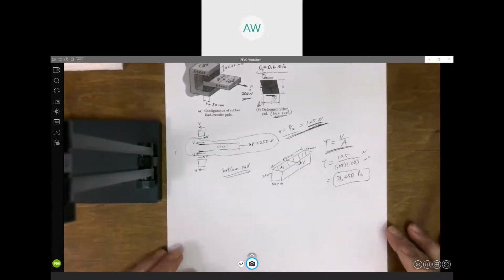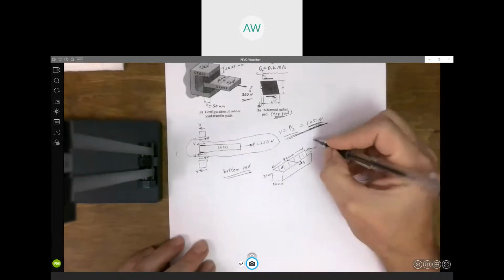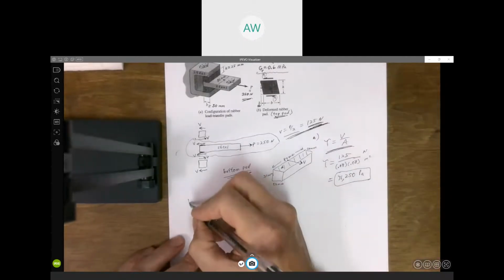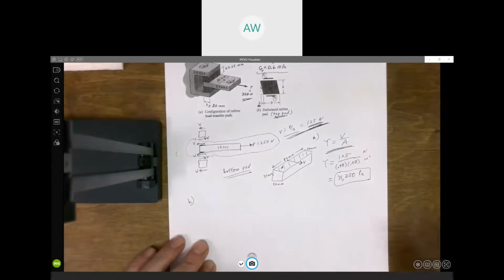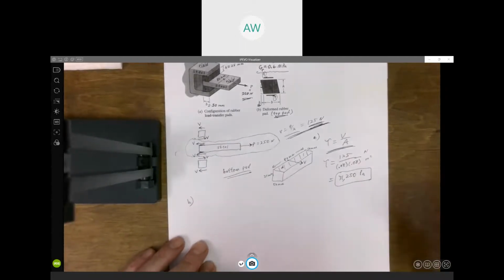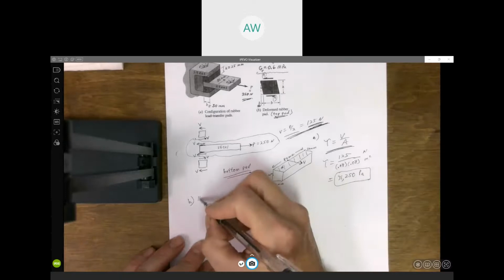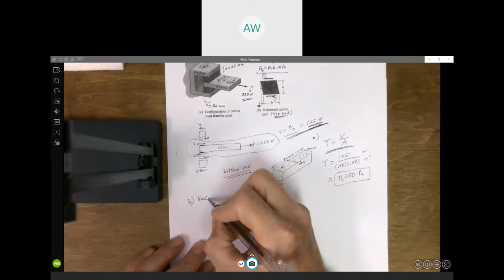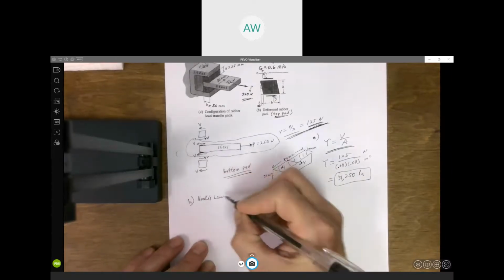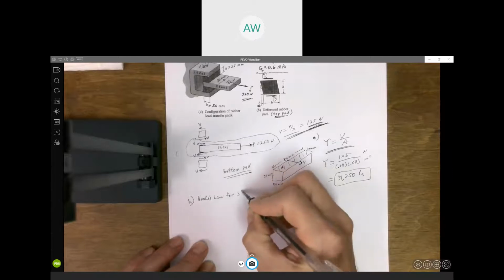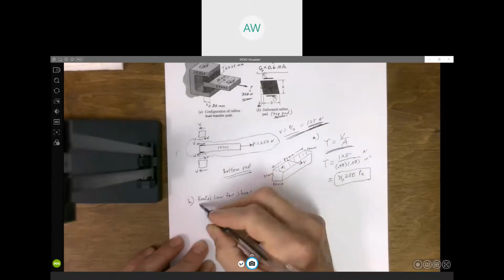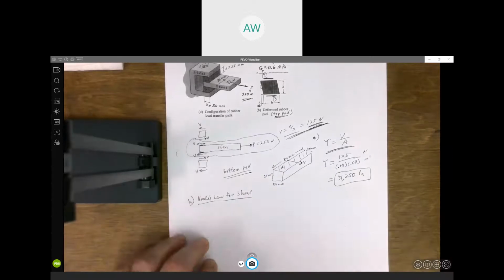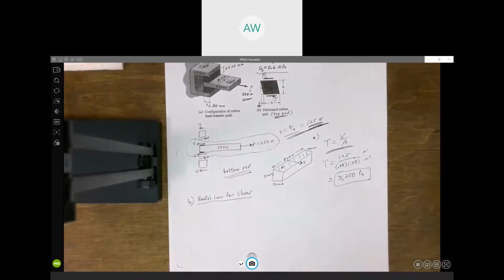All right, now for shear strain. This was part A, so for part B, the simplest, easiest thing to do would be to use Hooke's law for shear. Just like in that previous example, Hooke's law relates stress and strain.